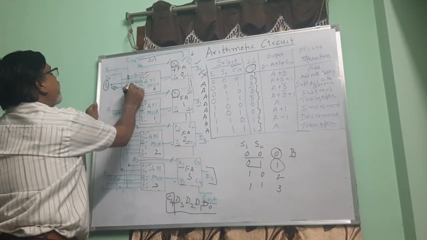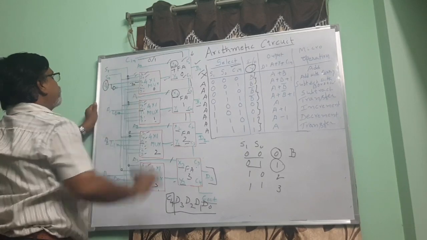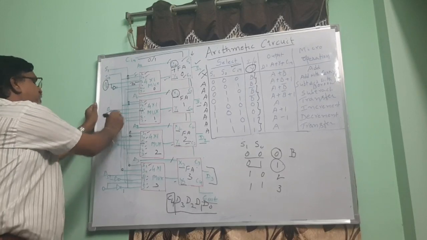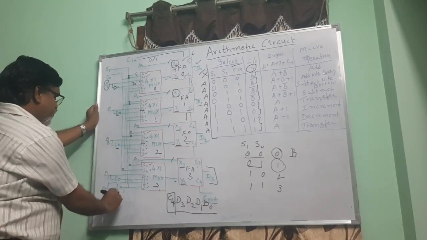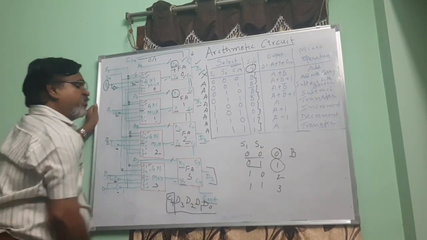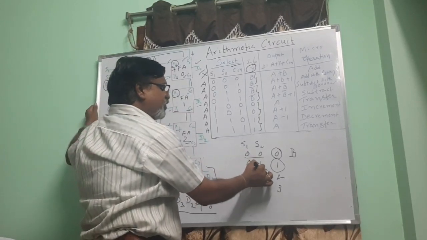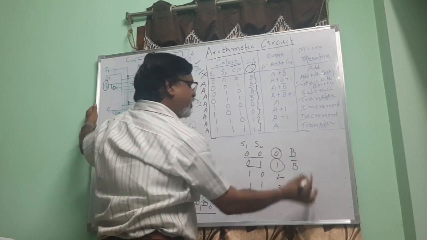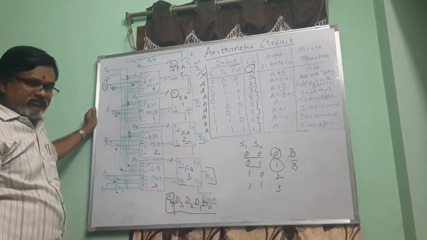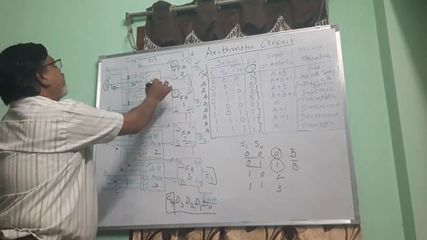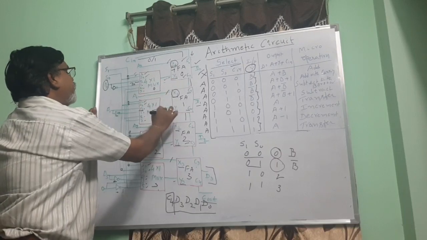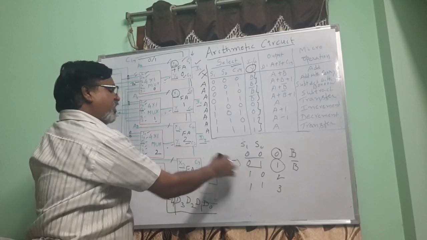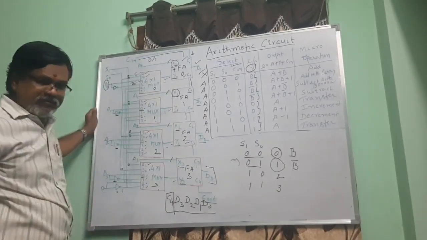So it is nothing but B0 bar, B1 bar, B2 bar, and B3 bar. So with S1 and S0 at 0, 1, the input we give to the multiplexers is B0, and B0 bar will come out, and B1 bar, B2 bar, B3 bar will come out as output from these multiplexers.